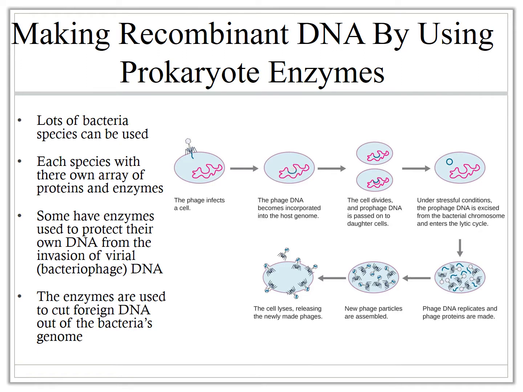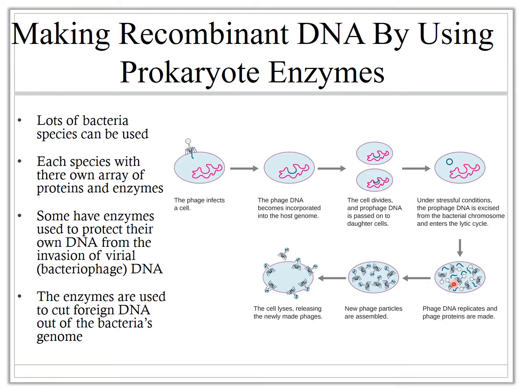As time goes on, the bacteria will then replicate the DNA like it does its own DNA, but this new DNA is asking for it to be replicated over and over and over. And that's when all of these viral pieces are being made.